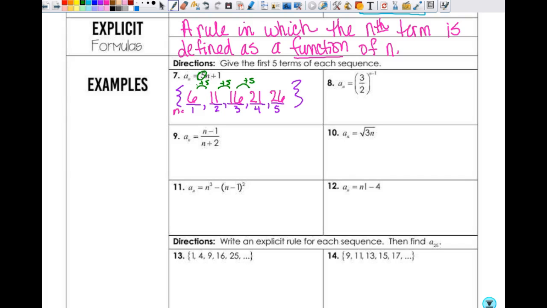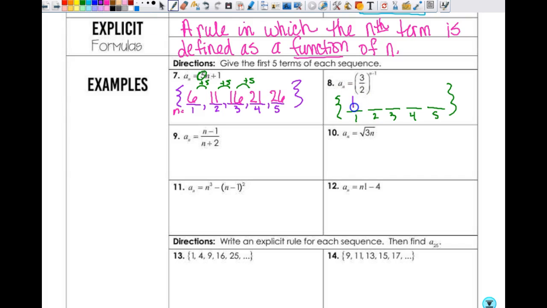All right, so let's look at this right here. We're going to find these first 5. Okay, so I need 5 terms, right? So when I find my first term, I'm going to write out the 1, 2, 3, 4, 5 again, but I'm not going to do that every time because you don't have to do it every time. Right? So I substitute in 1, right? This is going to be 3/2 to the n minus 1 power. So 1 minus 1 is what? 0. What is anything to the 0 power? No. 1.